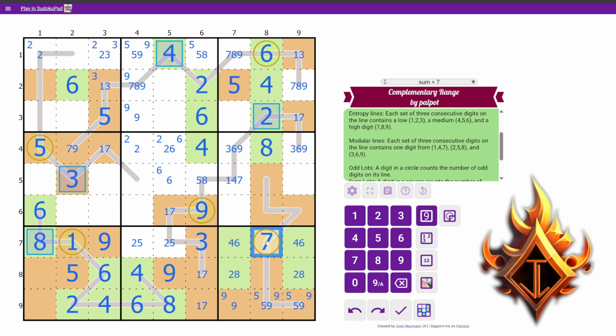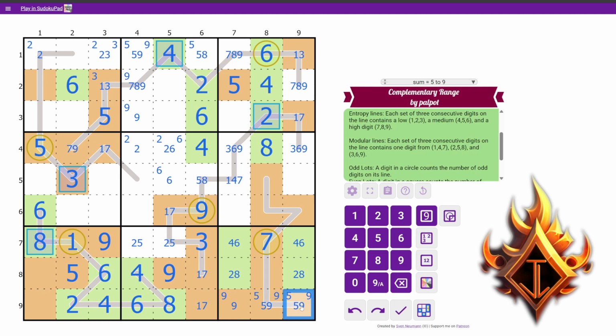If this is 7, then this has to be 9, and then that would be 9. If this is 1, this would have to be a 1 or 7, so it would have to be 1, and then that would have to be 1.